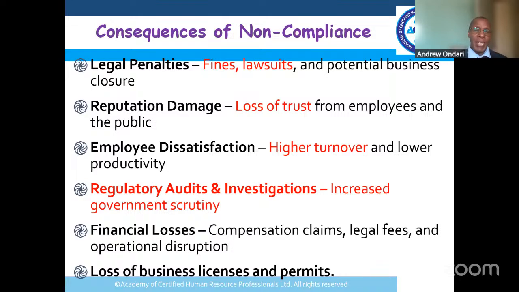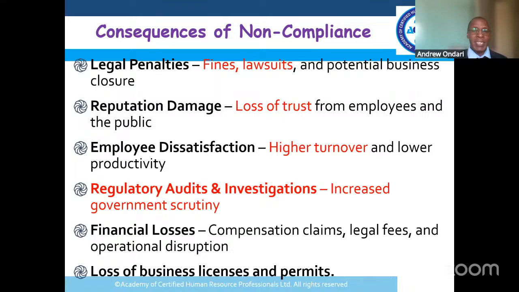And lastly, down there, we have loss of business licenses and permits, where if you are found guilty, your licenses and permits can be terminated, which means that the business closes down. And without licenses, you know that you are operating illegally.